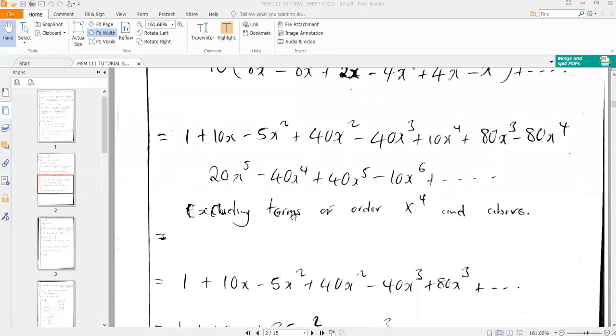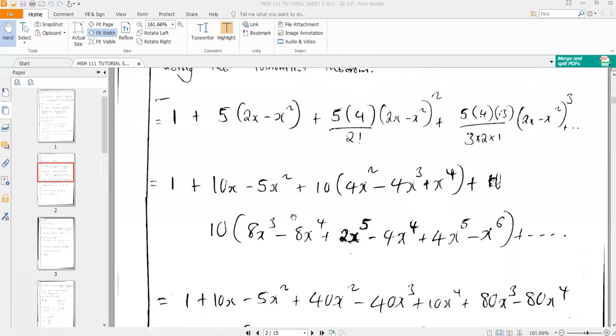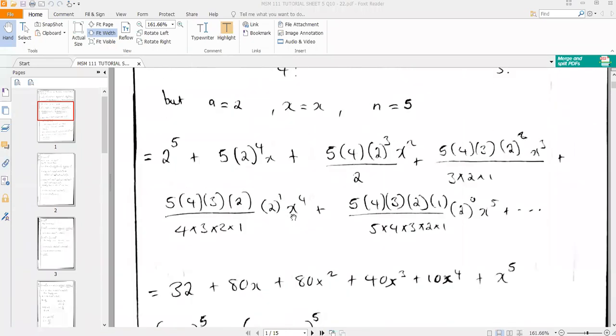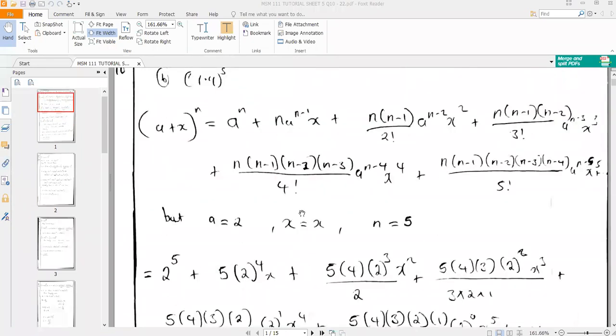Okay, so someone is saying they want to see the general formula once more. So I think the best is to try to write it down in your books or on a piece of paper right now, because we'll be using this a lot in binomial theorem. So try to take down this formula, write it down somewhere, so you'll be referring to it a lot.